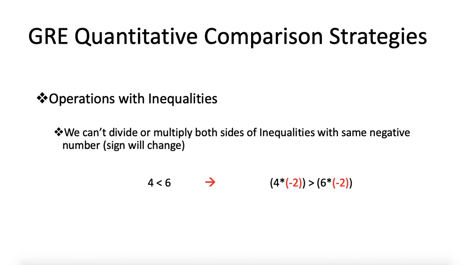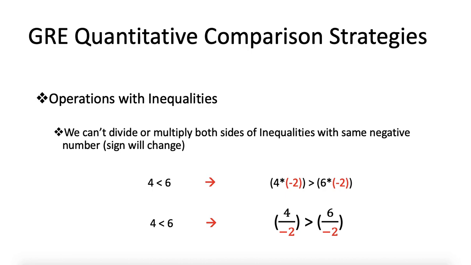So minus 8 is greater than minus 12, and the inequality sign changes. And if I divide by minus 2, one side becomes minus 3 and the other becomes minus 2, and now minus 2 is greater than minus 3.